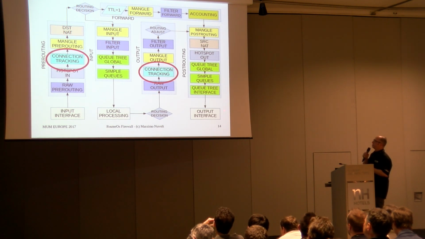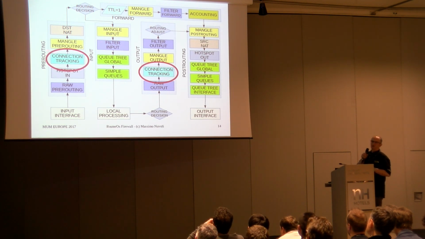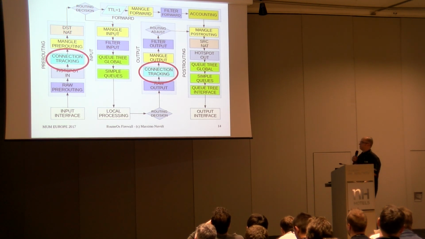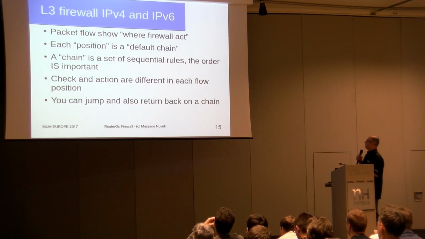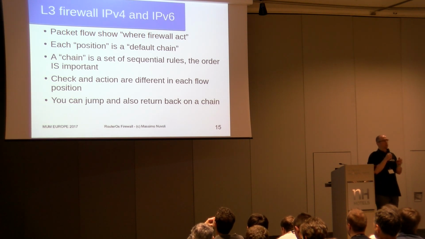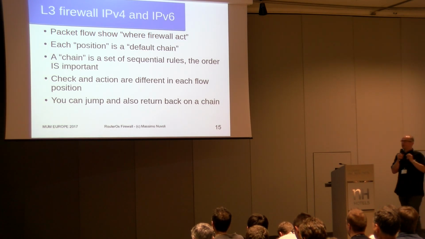Here you know the interface where the packet is going out. But you don't know where the packet is from, inside or from the input interface. So in each position you can do different tests and also different actions, and this is important for optimization. You can do jump and also return. This is important to make a complex rule without doing more configuration that is useless, complex and useless.